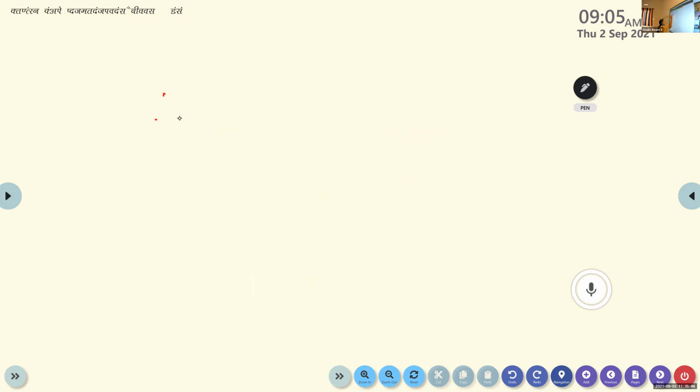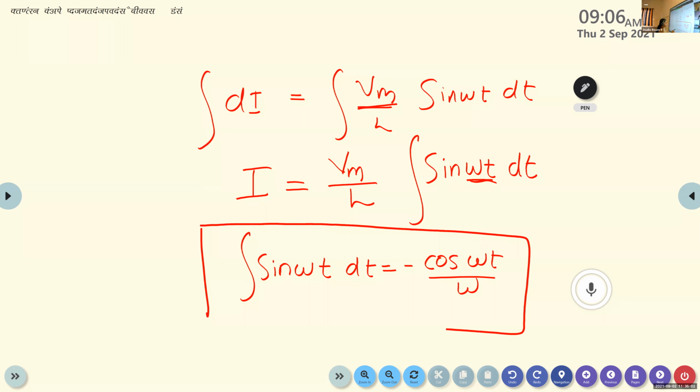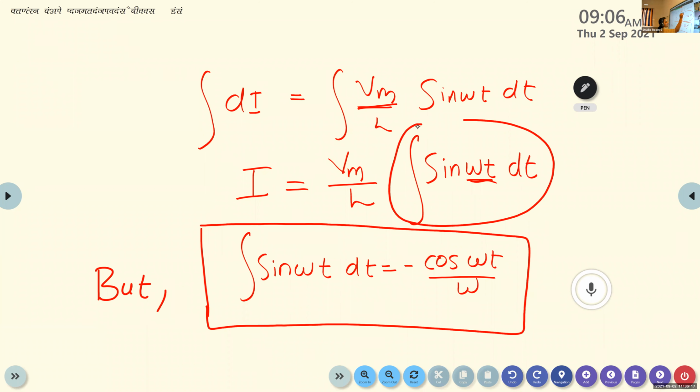Therefore, I is equal to Vm by L into the integral. Can you see the last equation? This is the equation to solve integral sin ωt dt. But integral sin ωt dt is equal to minus cos ωt by ω.